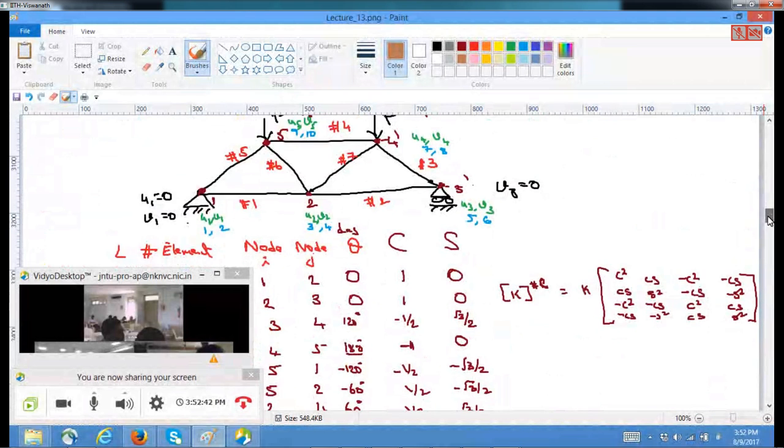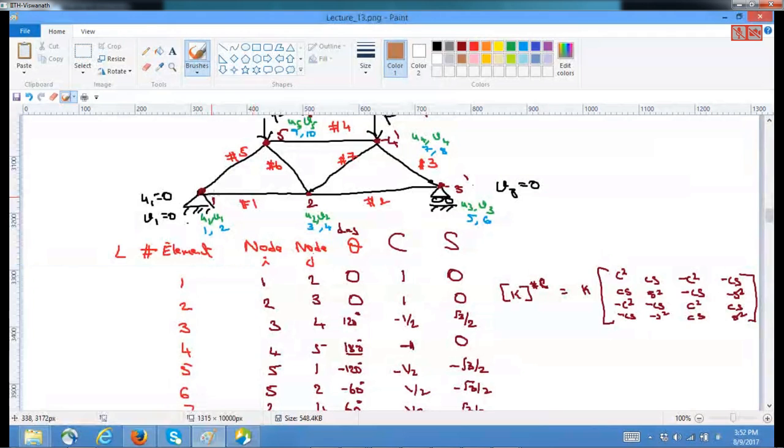I want to change this one: instead of taking I as 5 and J as 1, if you want to take this as 1 and that as 5, the angle will not be 120 degrees, because if I take this as I, this is the angle theta with the horizontal.